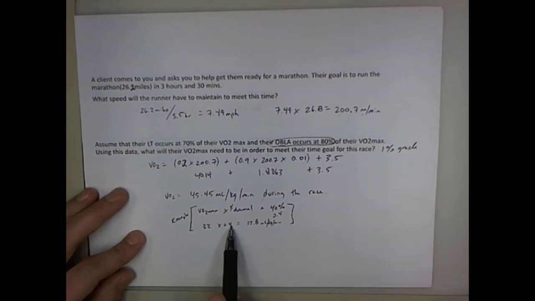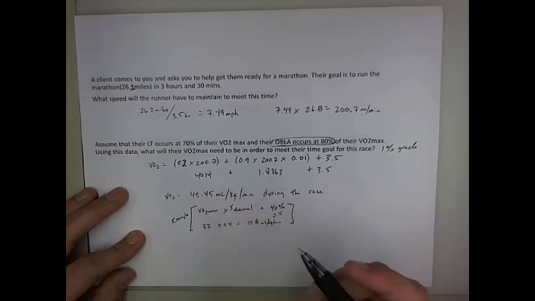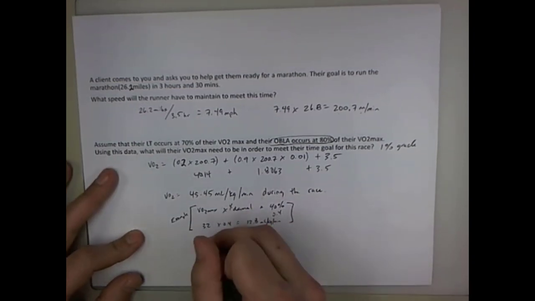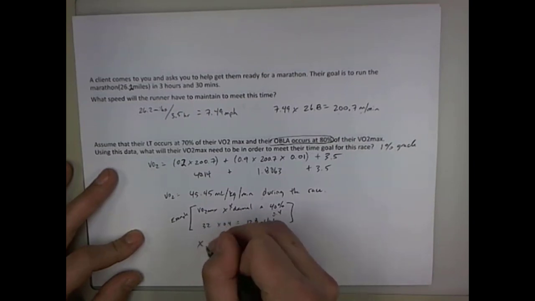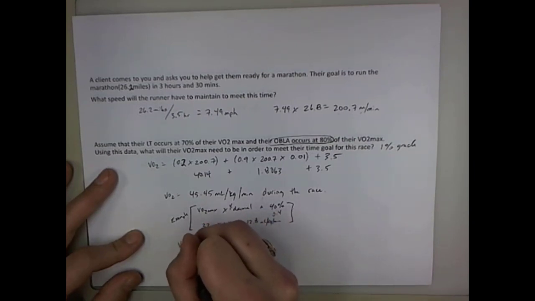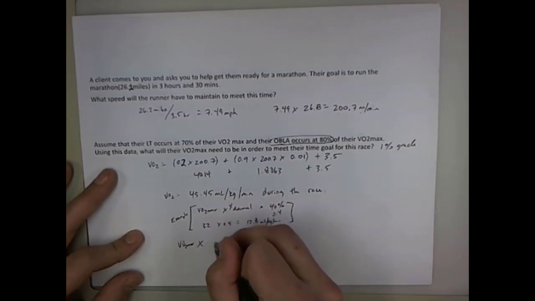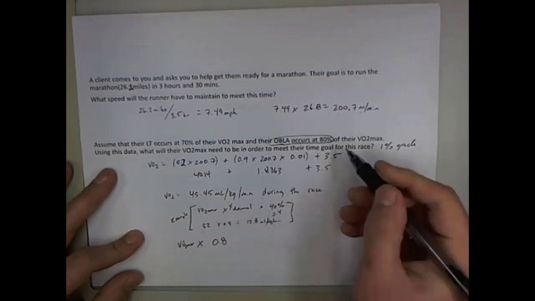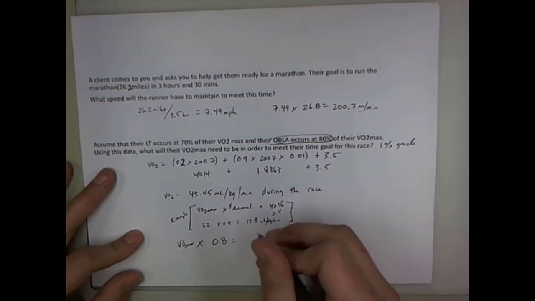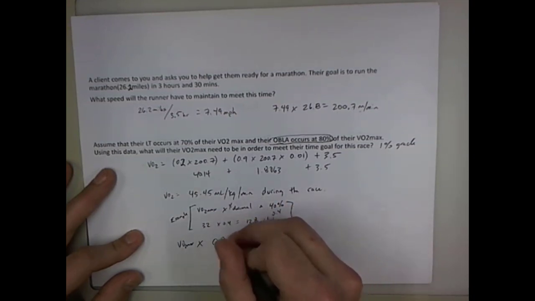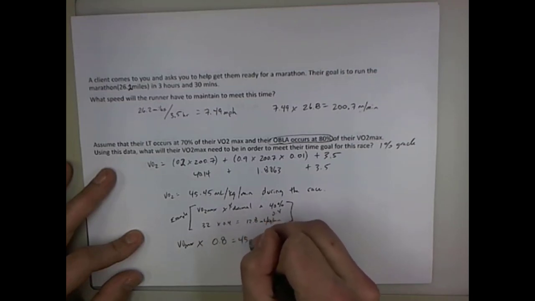So we know our decimal, we know our answer, now we just need to solve for VO2 max. Let's do it with our answer here. We'll say VO2 max times our percent as a decimal. Again, we're aiming for 80% of our VO2 max, and the answer we get when we multiply is 45.45.